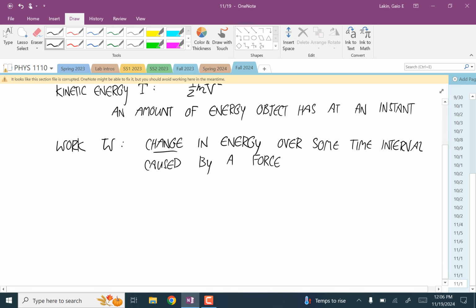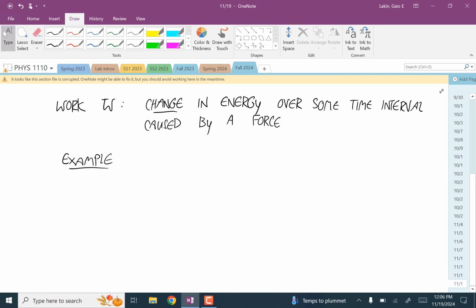And just to jog your memories, if you had, let's say, an object with a velocity vector this way, and you apply a force to it this way, is that force going to be increasing or decreasing the energy of that object?